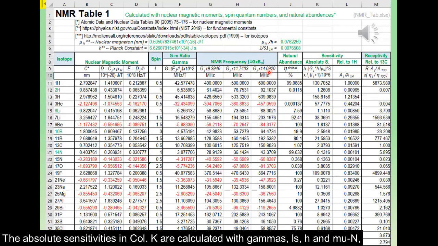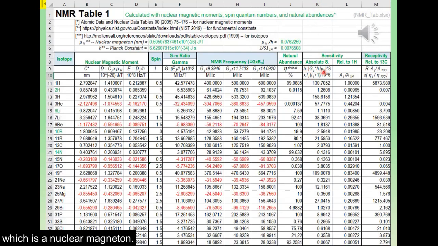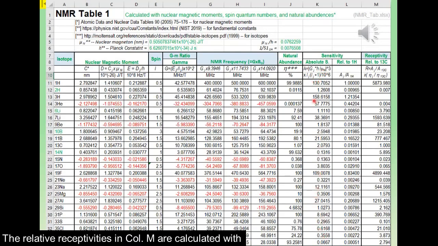The absolute sensitivities in column K are calculated with gammas, I's, h, and mu n, which is a nuclear magneton. The relative receptivities in column M are calculated with absolute sensitivities and natural abundances.